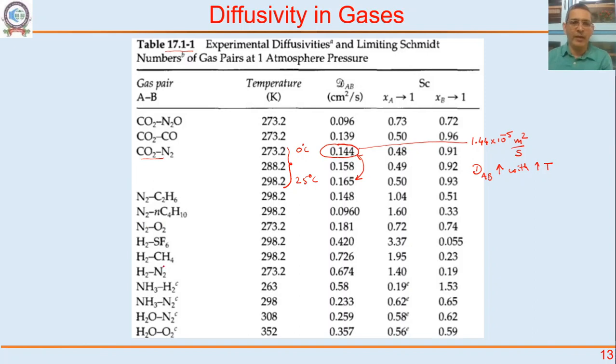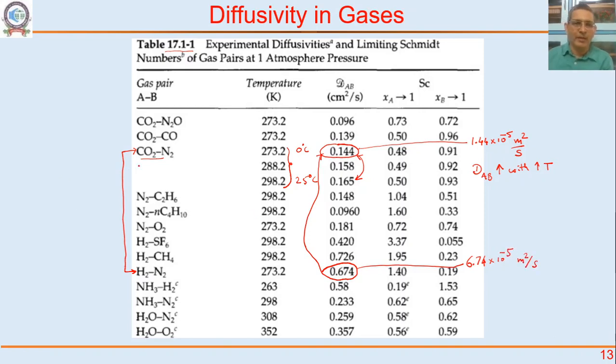The third point I would like to emphasize to you is to compare this value and this value. So 0.144 versus 0.674. So this value is 6.74 times 10 raised to minus 5 meters square per second.